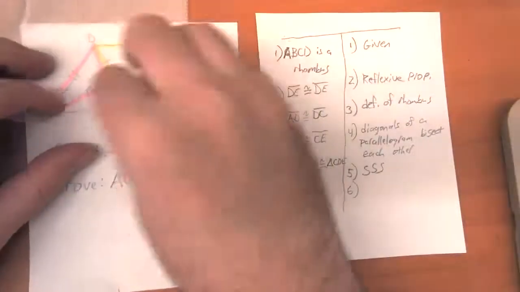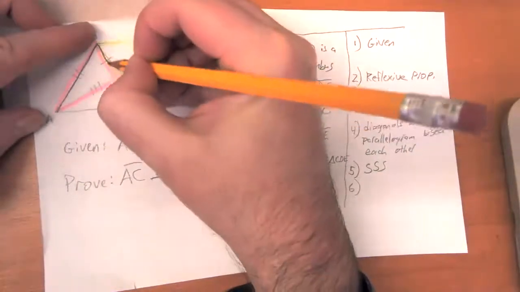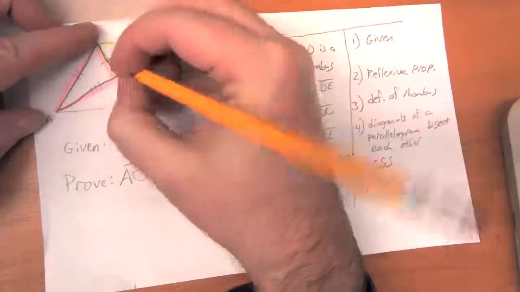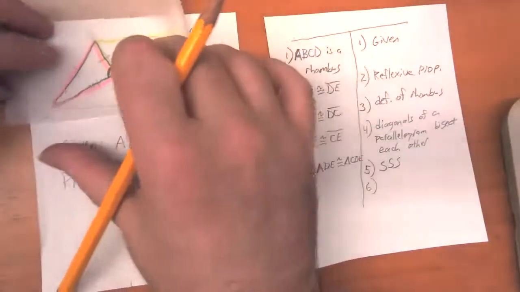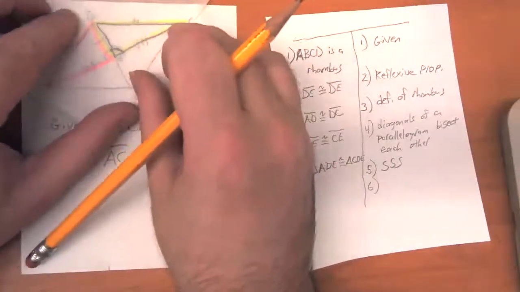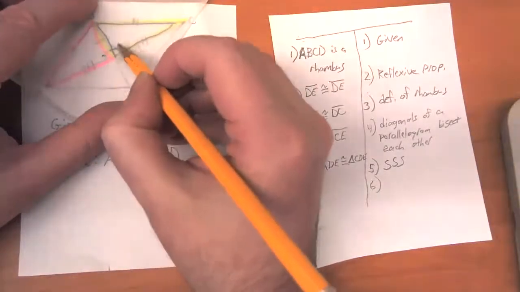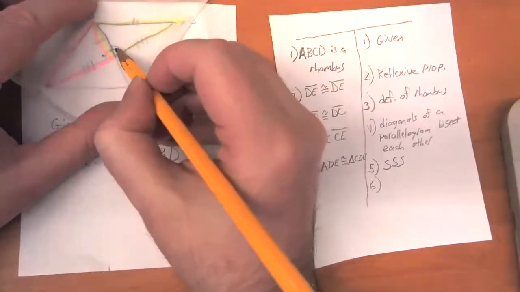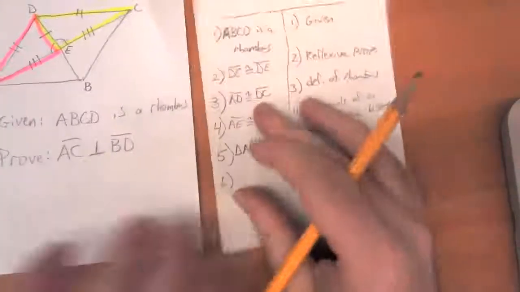Because notice that when I take this triangle with this angle right here, and I flip it over to lie on top of the other triangle, the triangle that it's congruent to, the angle that I had marked here has now moved over to this spot. So these 2 angles have to be congruent to each other.